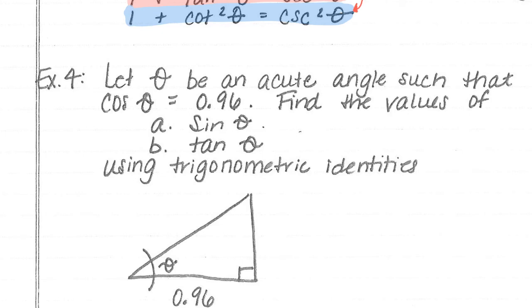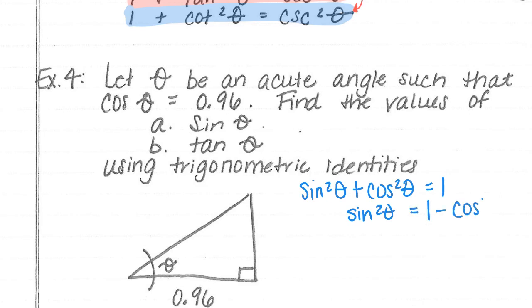So it says to find sine of theta and tangent of theta. All they gave me was the cosine of theta, but I do know that sine squared theta plus cosine squared theta is equal to 1. So if I subtract that cosine squared theta over, I get 1 minus the cosine squared theta.